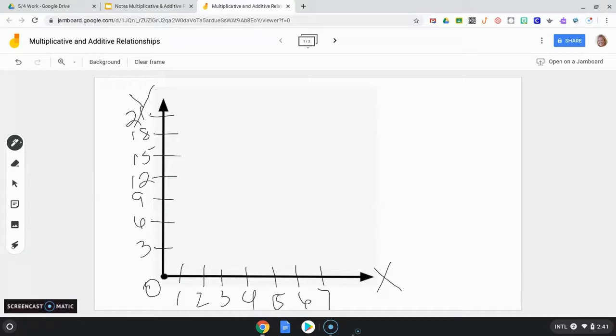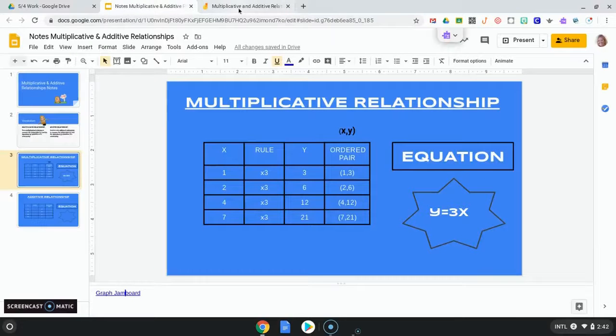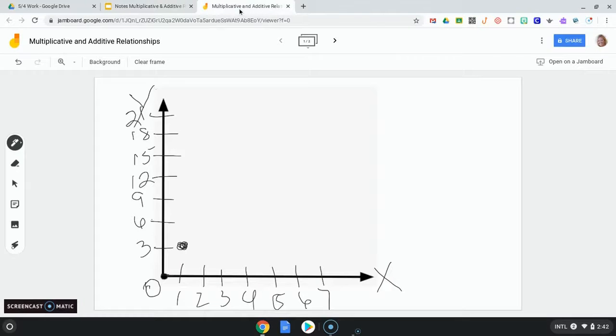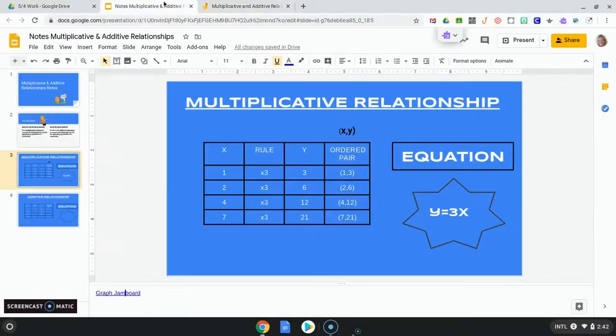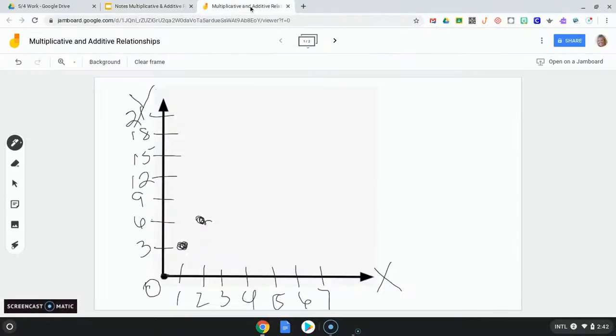So my first ordered pair was 1, 3. So I'm going to start at 0, 0. I'm going to go over to the right 1 and then up 3 and put my point. So that's 1, 3. My next one was 2, 6. So I'm going to go over 2 and then up to 6. My next one was 4, 12.